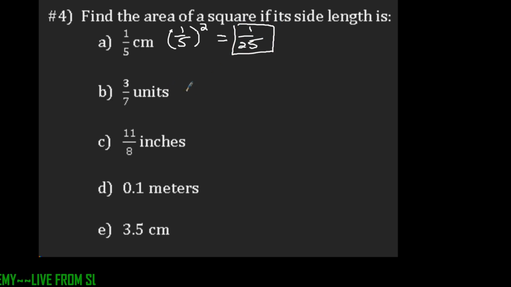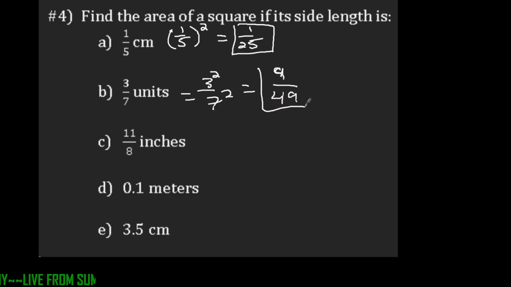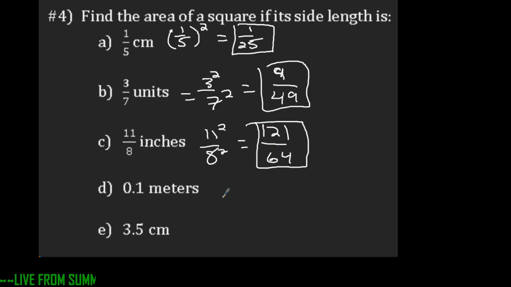This is going to be equal to 3 squared and 7 squared, which is 9 over 49. This is 11 over 8, both squared, so I have 121 over 64. I have 0.1 squared, which I believe is 0.01.